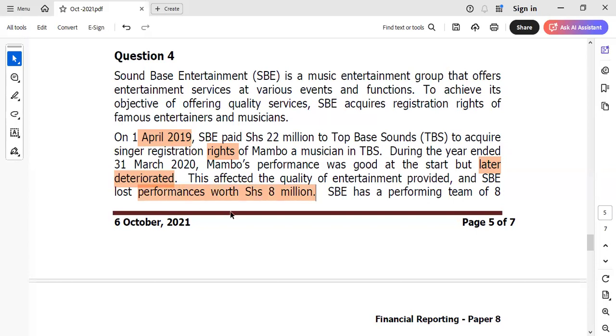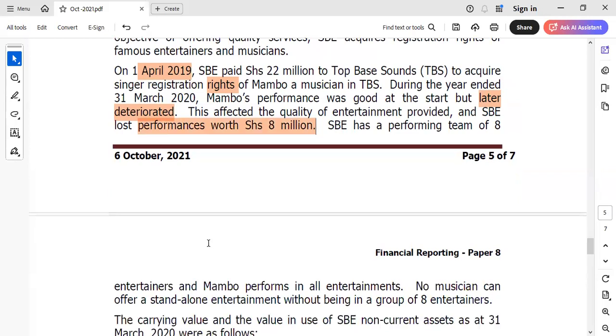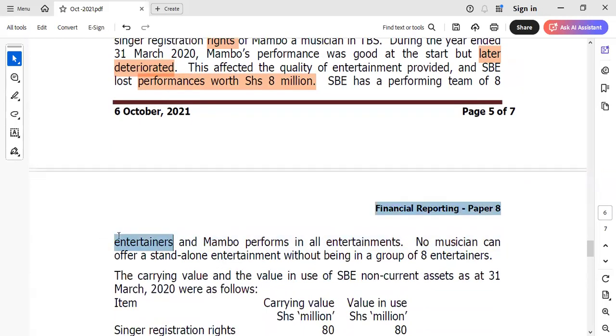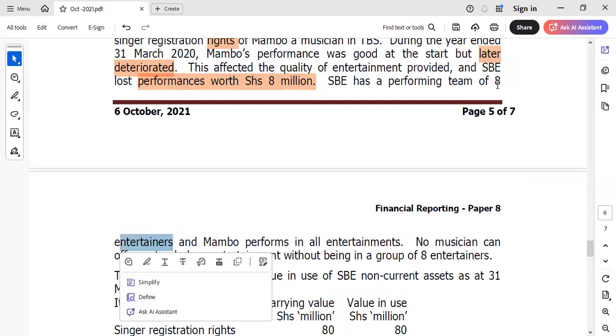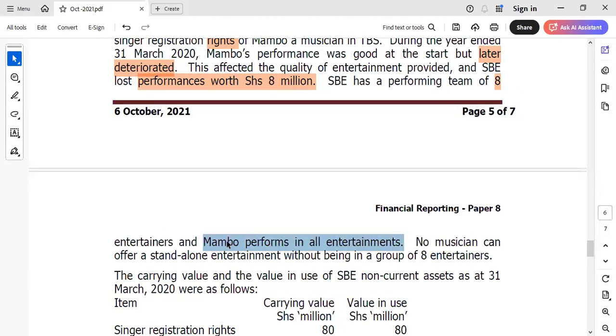SBE has a performing team. The company has a performing team of 8 entertainers. This is also very, very key. And Mambo performs in all entertainments.